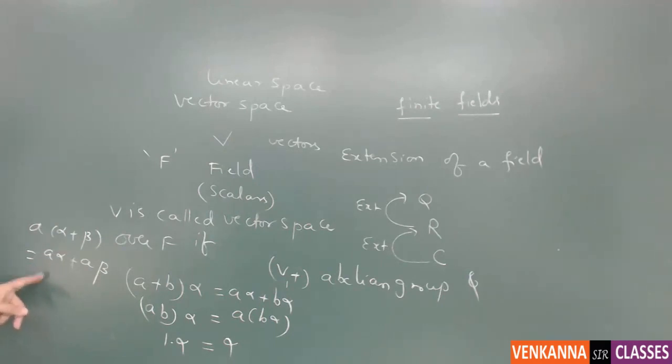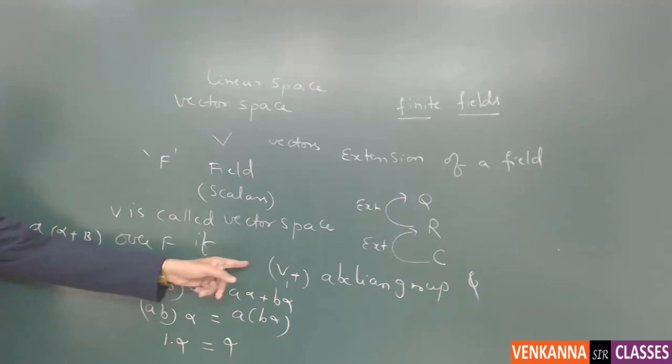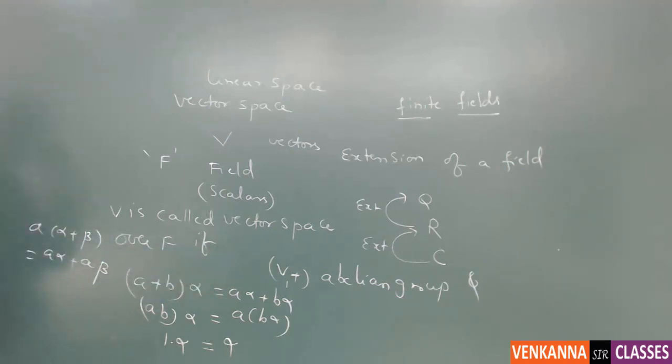These are the four properties: in relation to V comma plus, an abelian group, satisfied by the vector space.